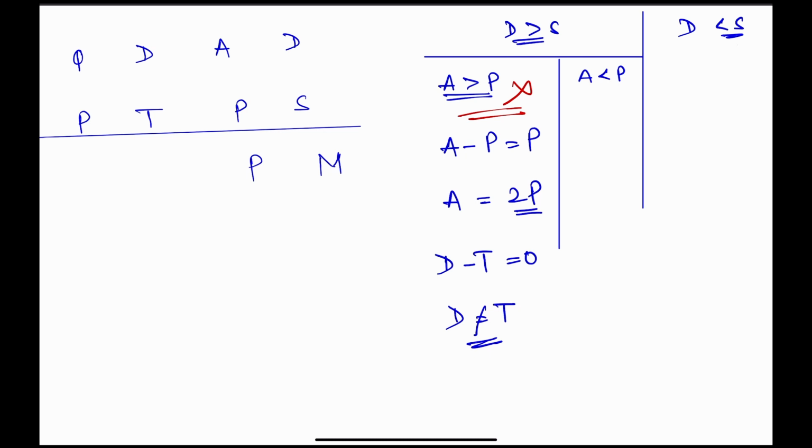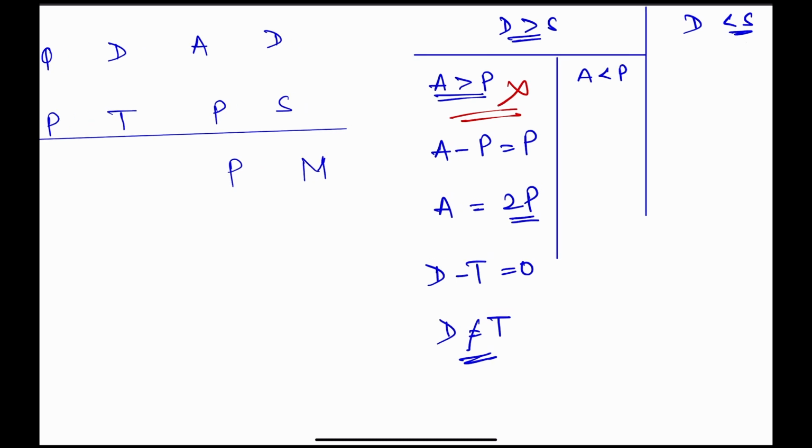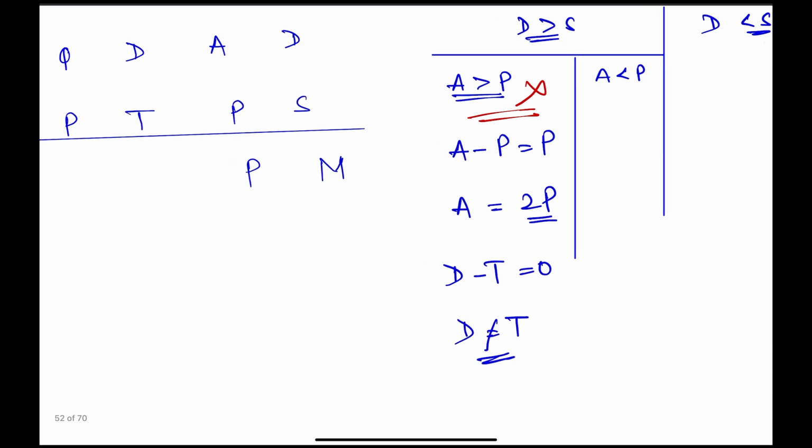So if a is less than p, suppose it seems like 3268, or d is greater than s, let's replace it, 82. So 8 minus 2 is 6.